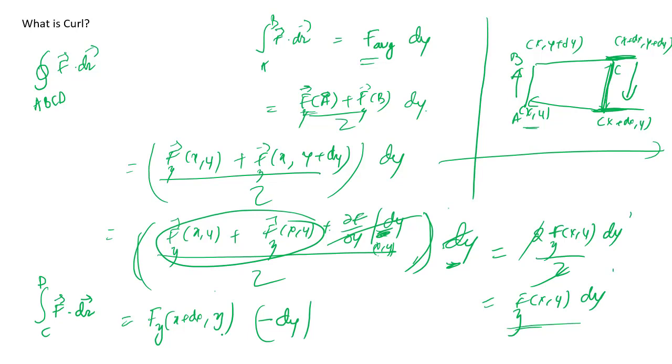So similarly, I can write the terms for BC and AD, the top ones here. X is changing, not y, right? So if I look at the term for AB plus CD, for AB I had Fy at xy dy, and for CD I had minus dy Fy at x plus dx comma y, right?